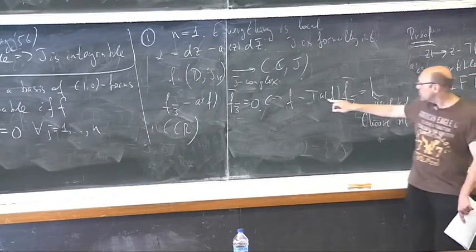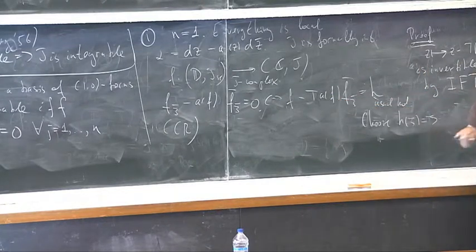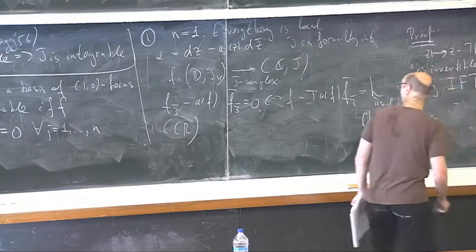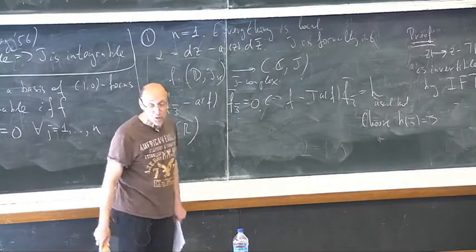And then when A is small, F will be a small deformation of this map. So it will be a local diffeomorphism, right? And so it is done. We obtain that we can parameterize our neighborhood by a complex disk, which in complex dimension 1 is the answer.